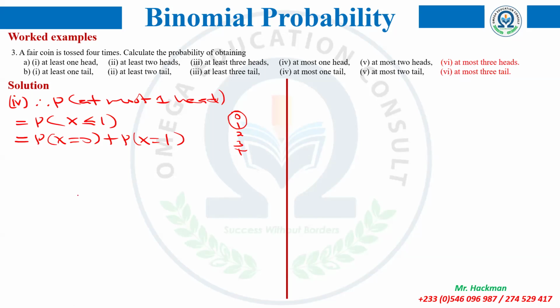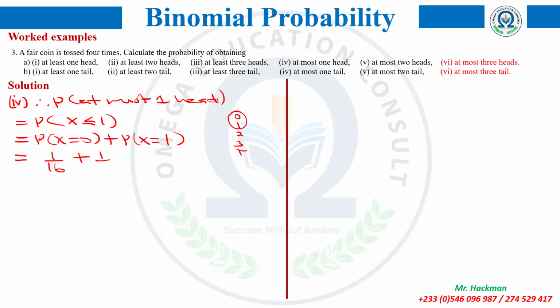So here we have done that. This will give us x is equal to 0: what did we get? 1 over 16. Then plus x is equal to 1: 1 on 4.